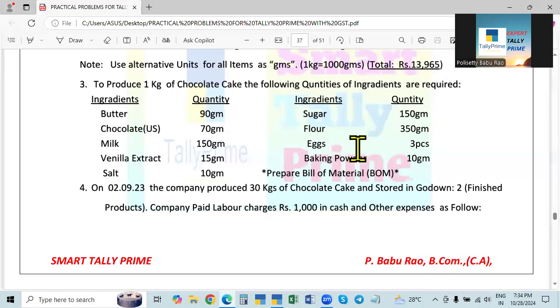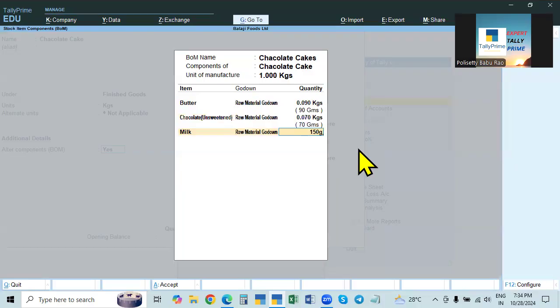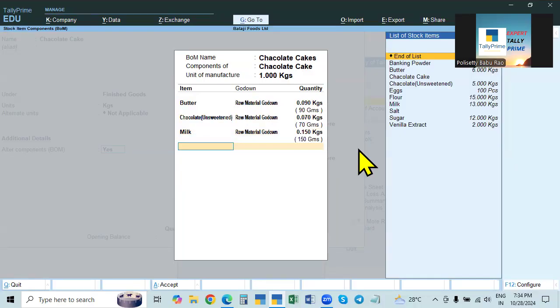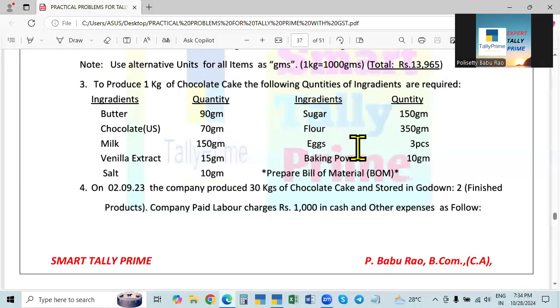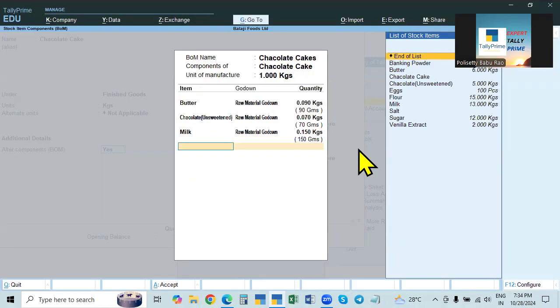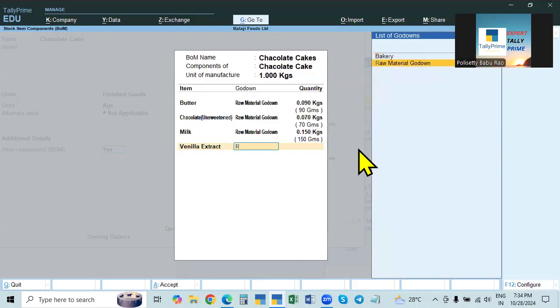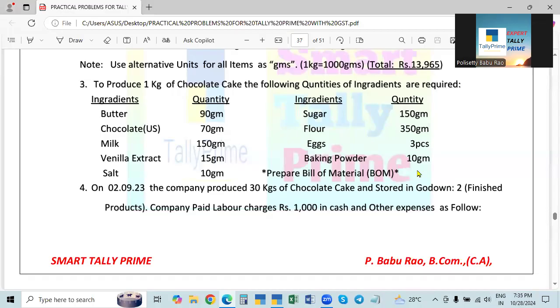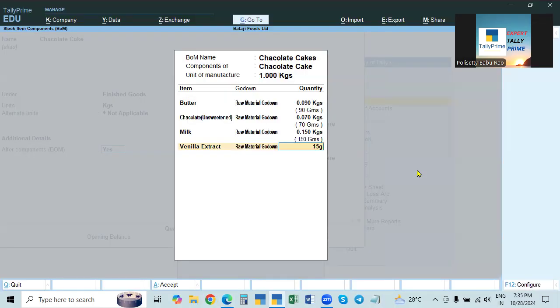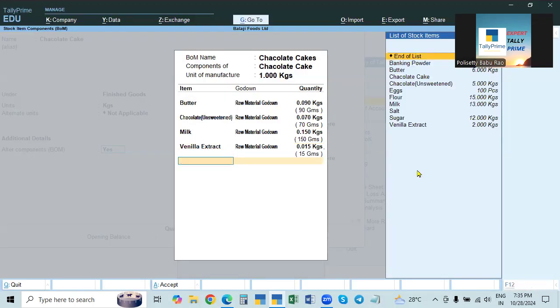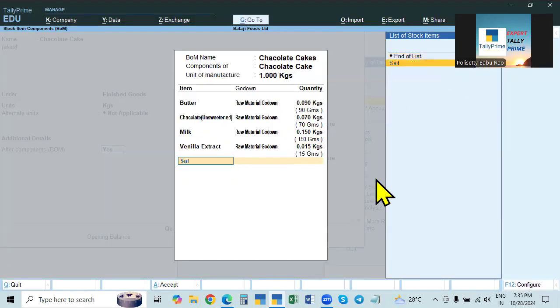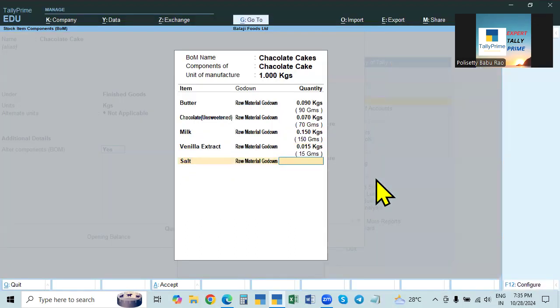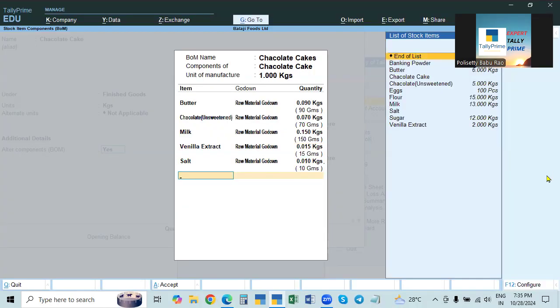The requirement is 150 grams, 150 G. Then vanilla extract, raw material go down, the requirement is 15 grams, 15 G. Then salt, raw material go down, and the requirement is 10 grams, then G. Don't forget the grams, don't forget the alternate units.